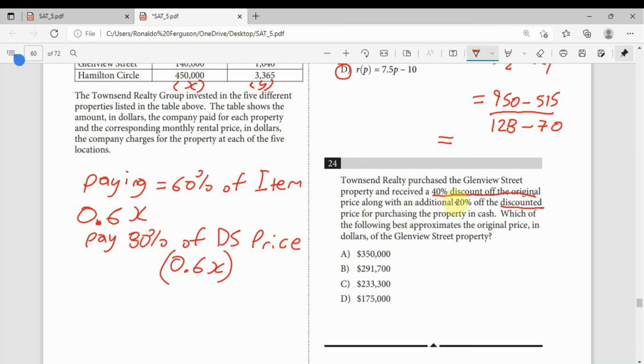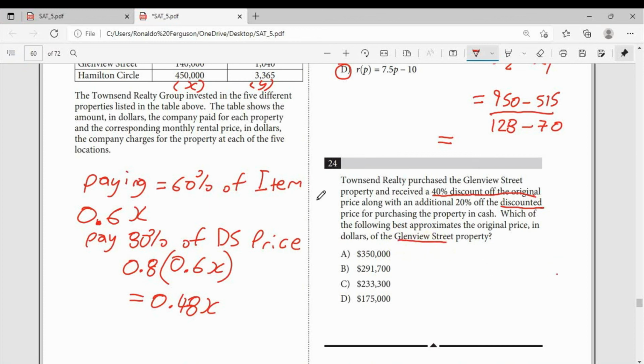So that's 0.8 of the discounted price, and the discounted price is 0.6x. You multiply 0.8 times 0.6, that's 0.48 times x, and that is the price of the Glenview Street property.